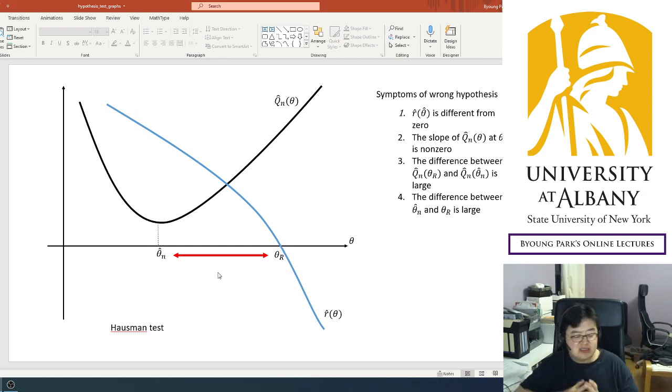So those are four different approaches to handle the same null hypothesis. As I explained in the last lecture, one test may be better or easier to implement in some cases. So you better understand all four approaches, and then you can choose the best one.